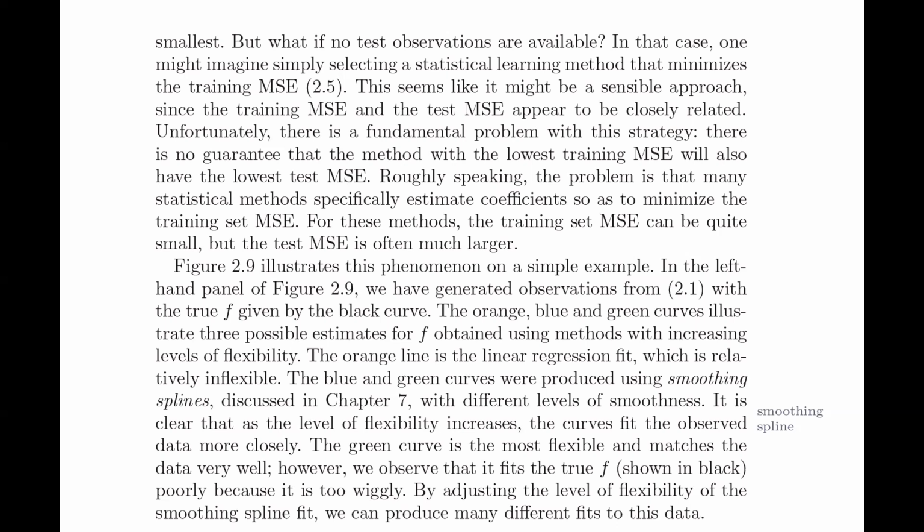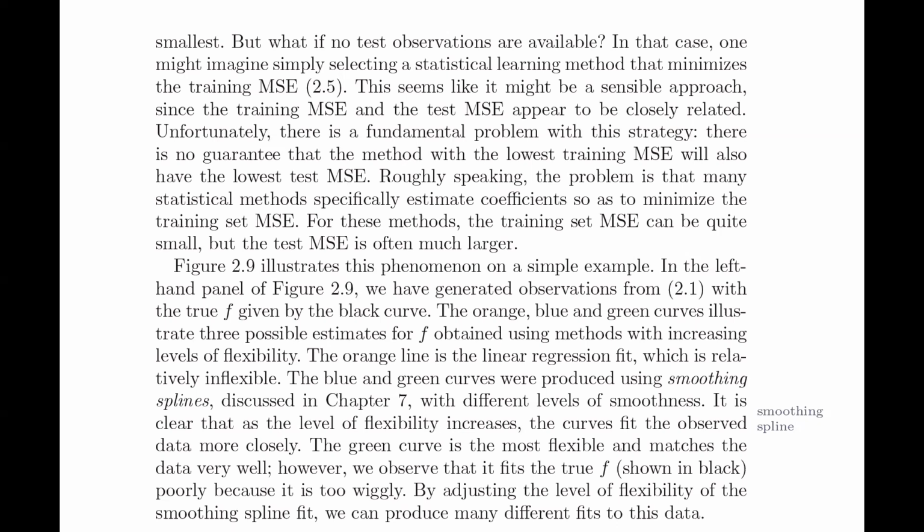There is no guarantee that the method with the lowest training mean squared error will also have the lowest test mean squared error. Roughly speaking, the problem is that many statistical methods specifically estimate coefficients so as to minimize the training set mean squared error. So there are certain models, they're referring to them as many statistical methods, that's the way they operate in any case.